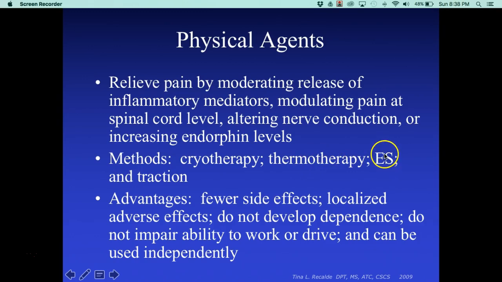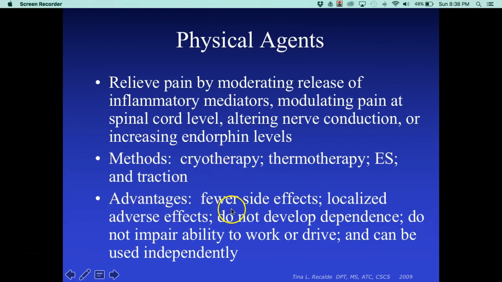ES stands for electrical stimulation, so that could be a TENS unit, which is more a setting for pain, or an interferential current, which you can use for pain or for swelling. And obviously if you decrease that swelling, you're going to decrease the pain. And then we also have traction, which could be mechanical with a machine, or it could be us doing it manually. So all those things are going to help with that.